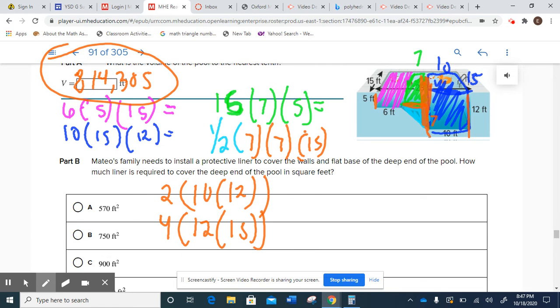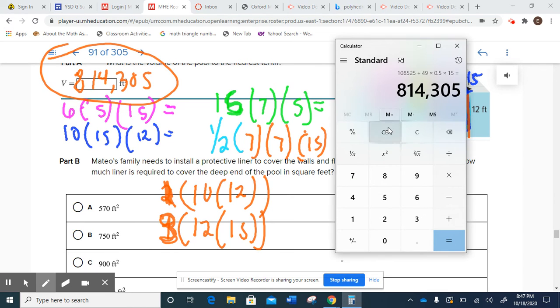Cover the walls and the flat base, so there's no top either. So we only have one of the 10 by 12s and three of the 12 by 15s.